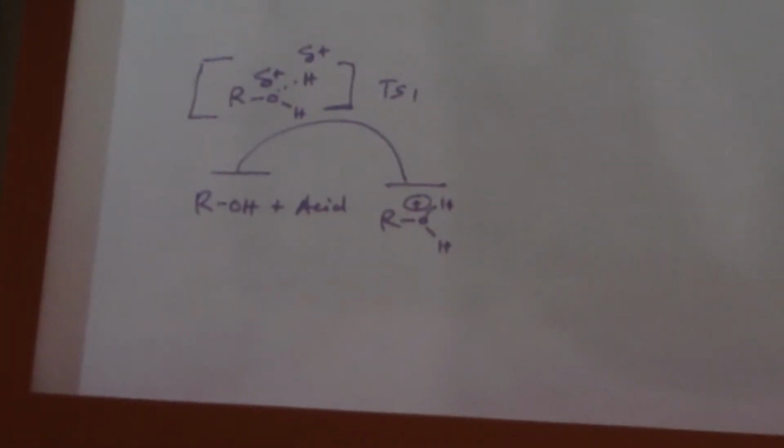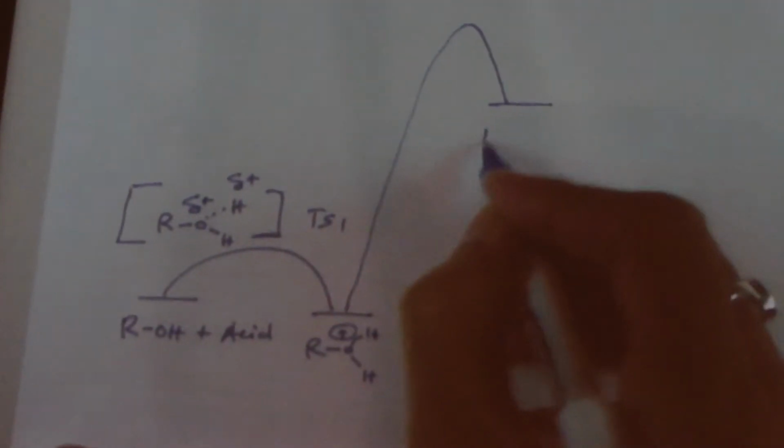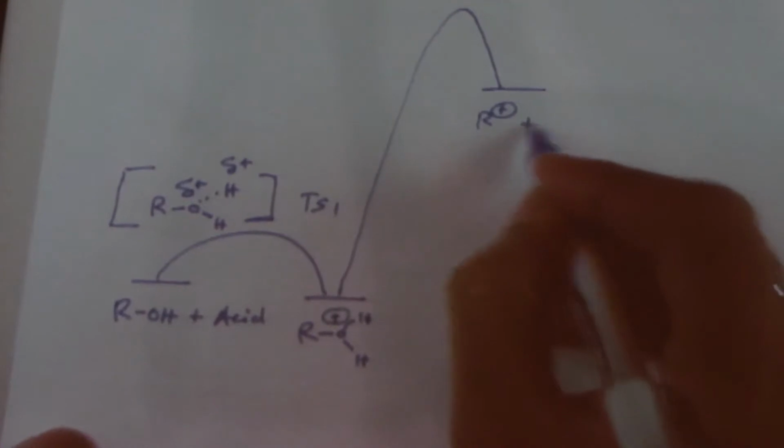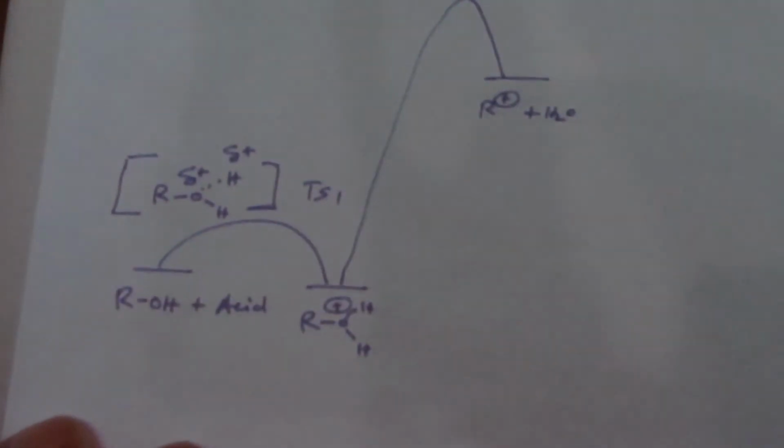Now in the next step, it goes to the carbocation where it breaks the bond between the R and the O. And that is the rate-determining step, going to the product, which is R plus, H2O, and whatever else is left. Again, you can draw the structure indicating the breaking of the bond between R and oxygen, so we use dot, dot, dot, oxygen. And the charges are also transferred, partially, in this case positive charge.